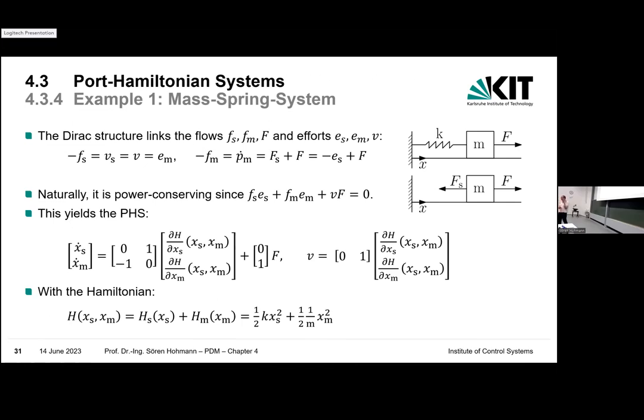We want to formalize it in a second. It's not always the case, but we will elaborate on this, to pick up your points also. So part of the matrix A comes from the Dirac structure, and we know the Dirac structure is powerful.